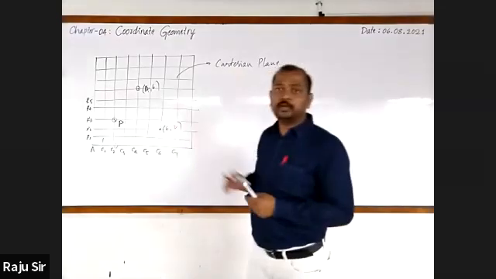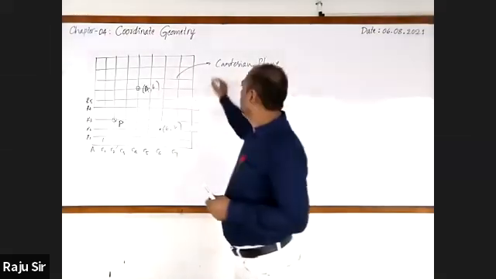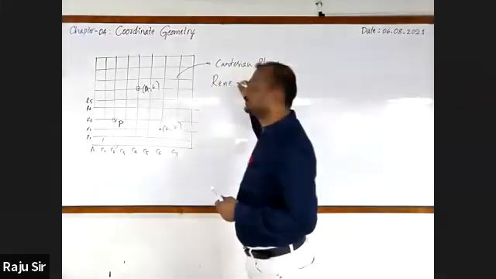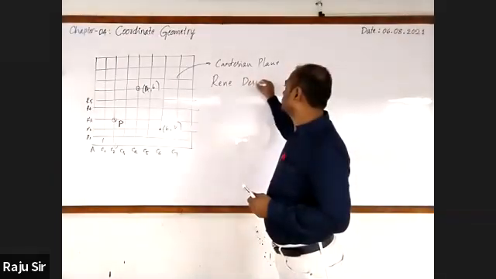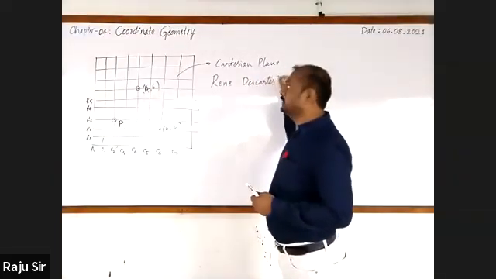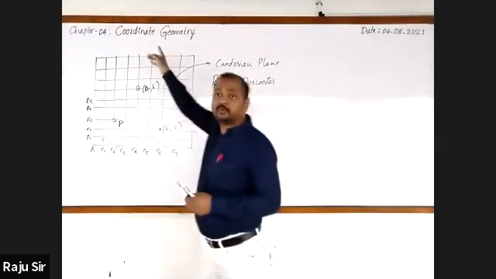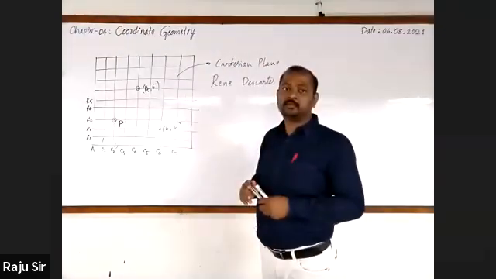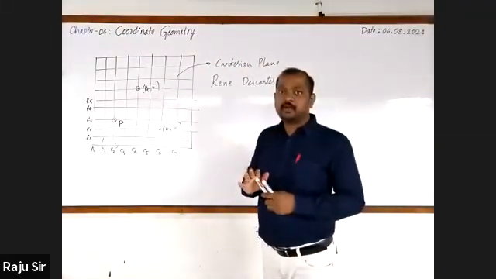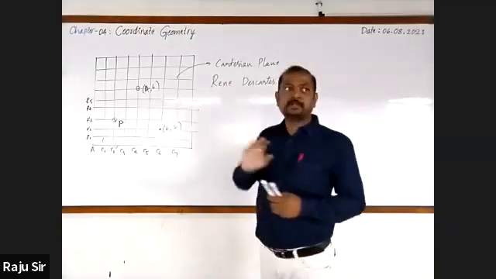Then do you know who introduced this? René Descartes. Yes, it was introduced by René Descartes, and he is also called father of coordinate geometry. Clear? Once I tell all the 3 points, listen carefully.